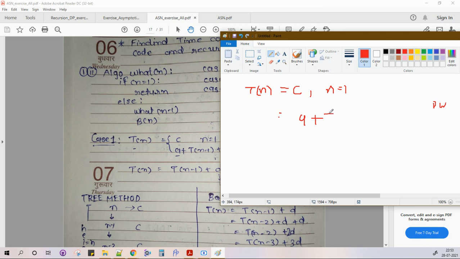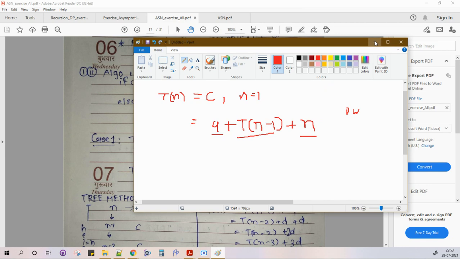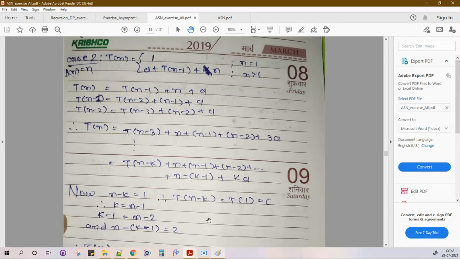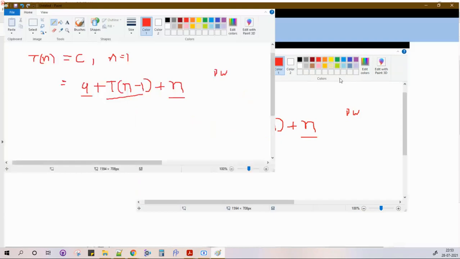Then I will make the recursive call, T of n minus 1 work I am doing. B of n is order of n, so it is nothing but n, right? So T of n minus 1 plus n plus a, or d or c, any letter you can take from the English ABCD or Greek ABCD, anything, right? So this is a constant you can take. T of n minus 1 plus n plus a. Let me verify if it is correct or not.